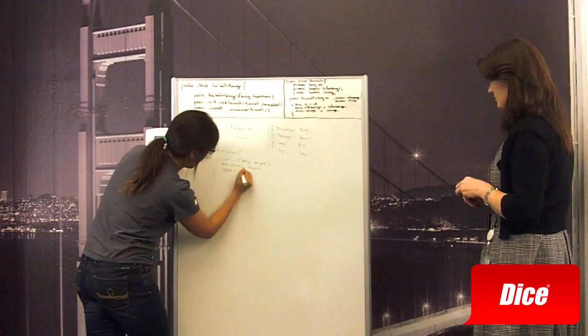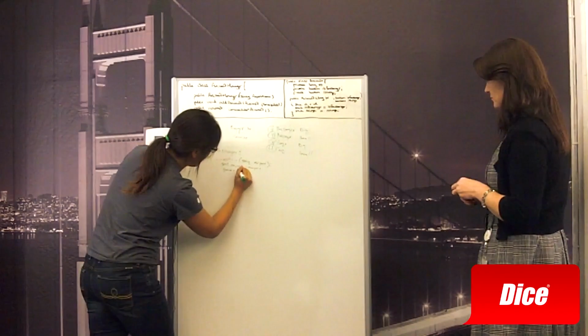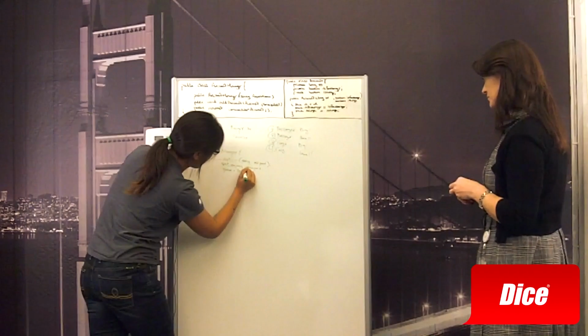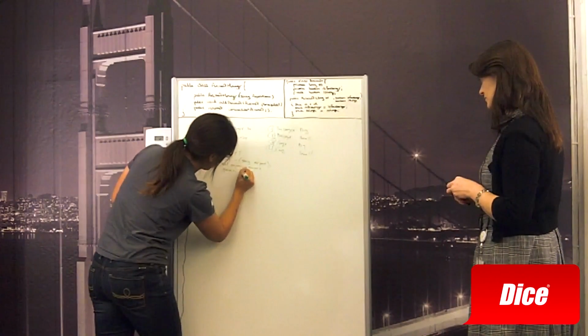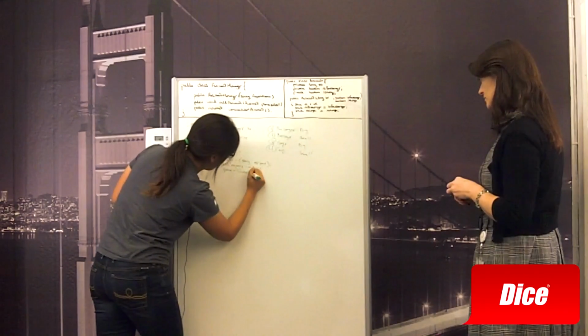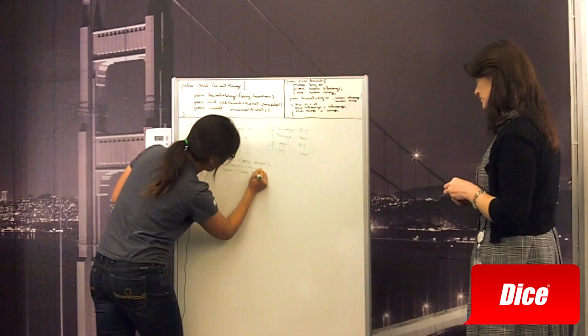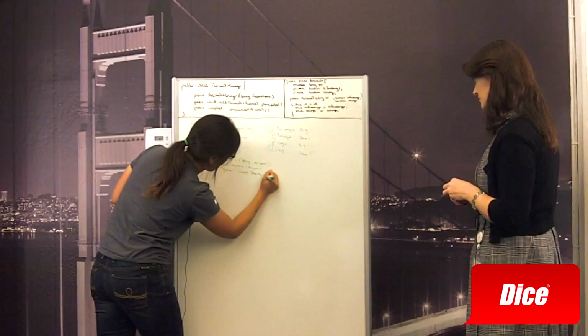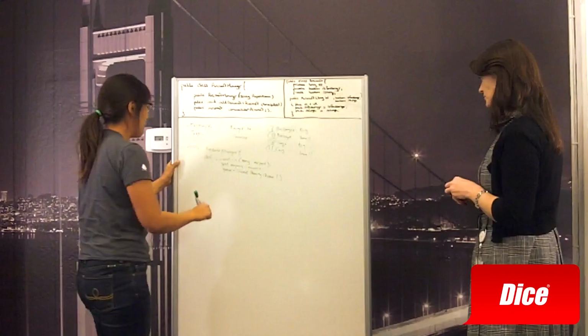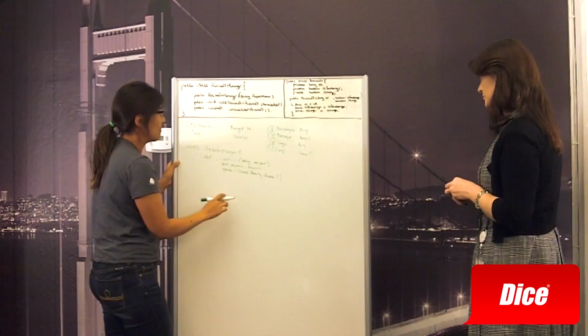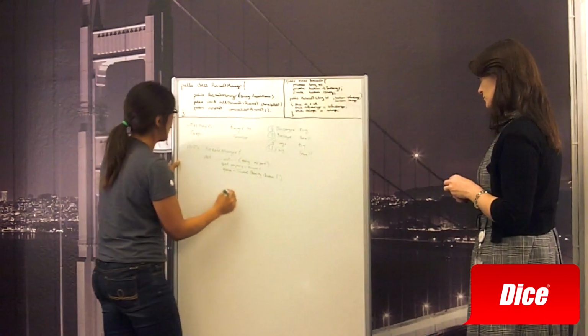Queue is equal to queue.PriorityQueue, and that's going to keep track of the ordering of the airplanes.